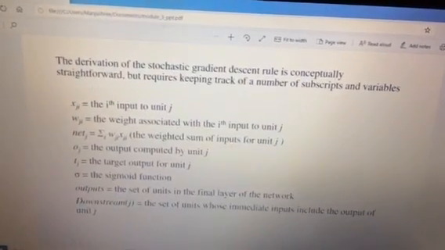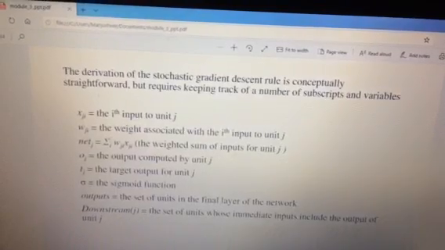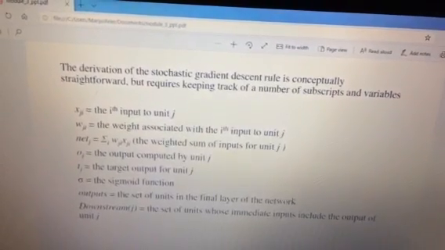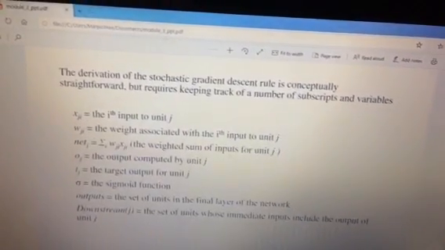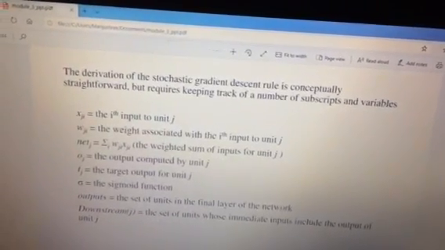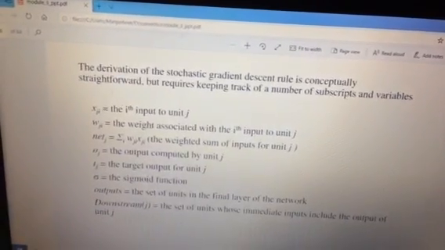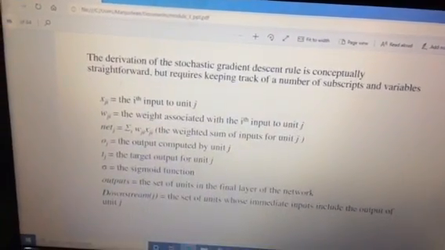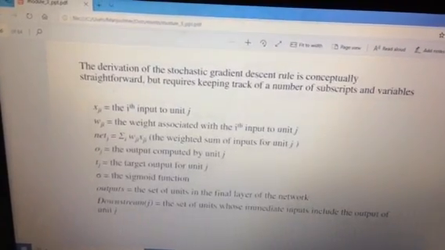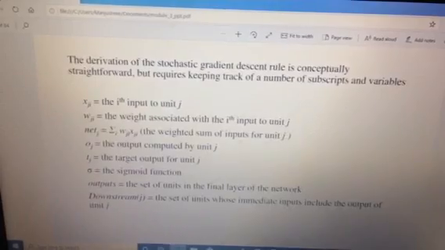Next, oj indicates the output computed by unit j, and tj indicates the target output for unit j. So j unit indicates the hidden layer, i unit indicates the input layer, and k indicates the output layer. Sigma indicates the sigmoid function, and outputs is the set of units in the final layer of the network.